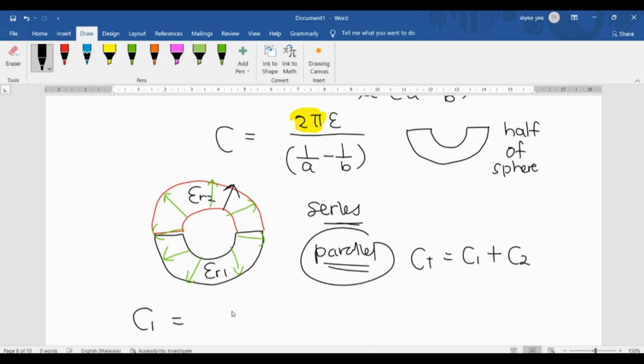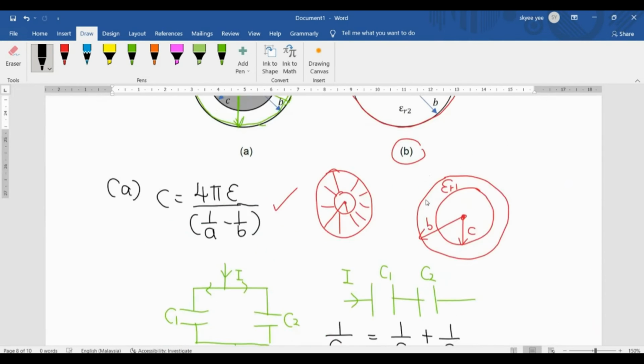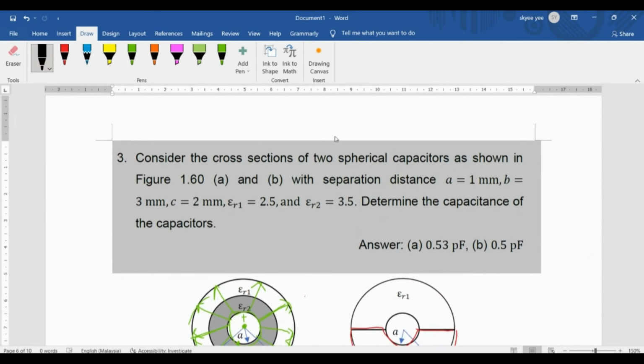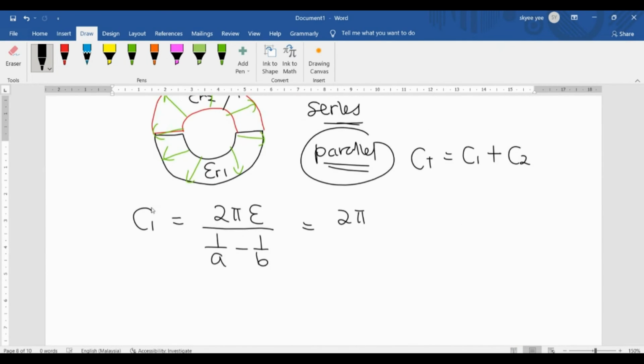Now we calculate C1 using the equation that we have here, 1 over A minus 1 over B. Here we don't have a C, only A and B. So it will be 2 pi epsilon for C1, which is 2.5, so you have 2.5 epsilon naught, 1 over 1 millimeter minus 1 over 3 millimeter.